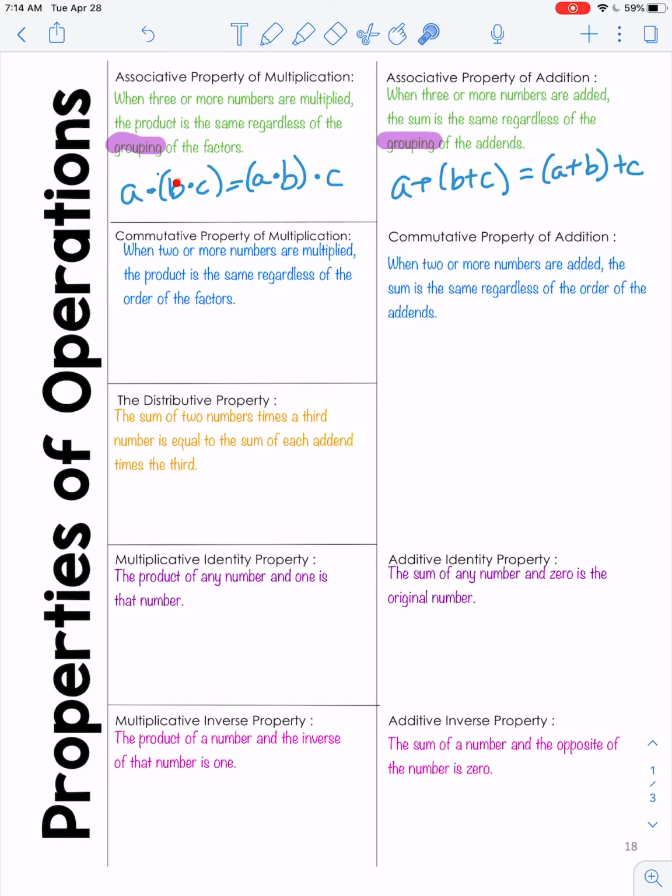So we would do A times B, or B times C first times A. And here we would do B times A first times C.